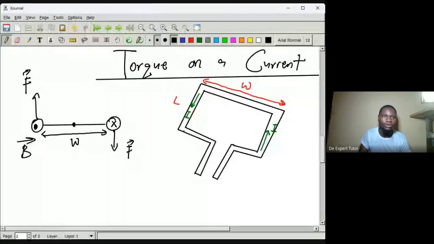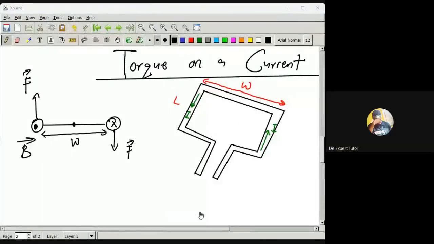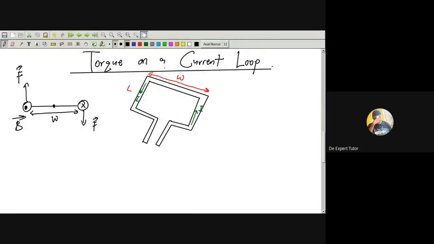Good. So after showing you that, let's move on. To find the torque, what's the formula? Moment: force times perpendicular distance, right? Exactly. So one of the forces times perpendicular distance, and that is it.